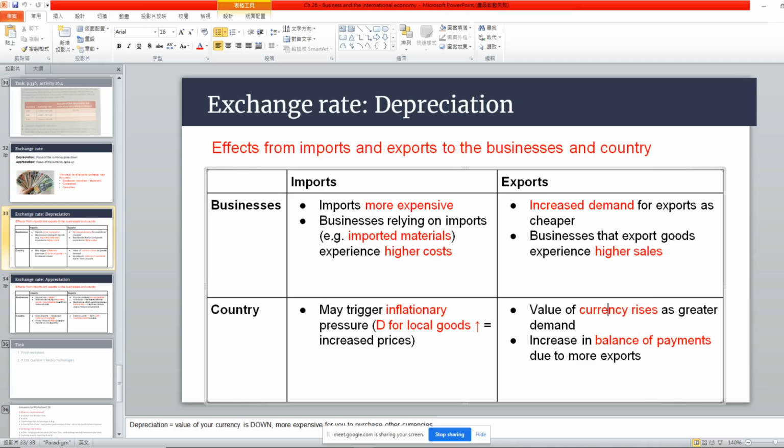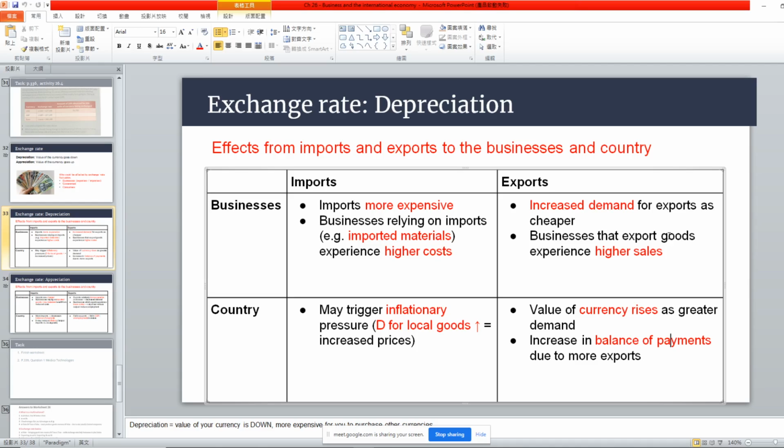And because of that, you can talk about balance of payments as well. Because balance of payments is all about the exports and the imports. When you are having depreciation, exports are getting higher. When exports are getting higher, the balance of payments should be better.